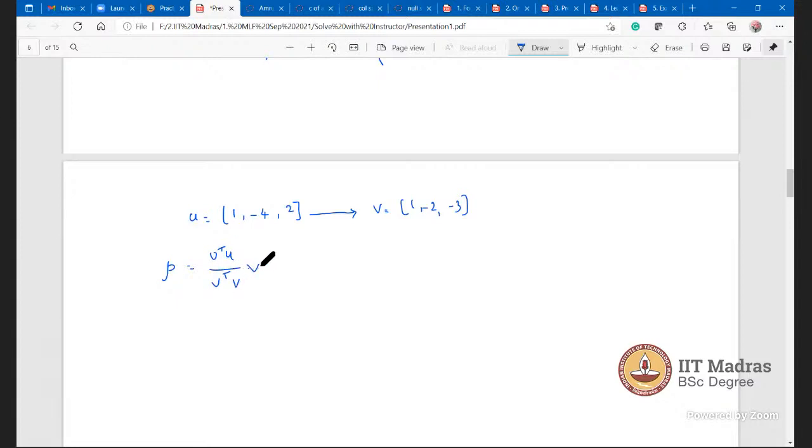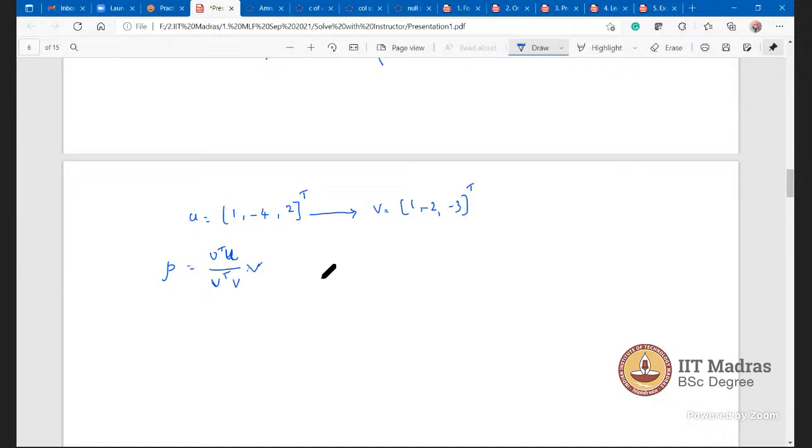See, actually in the question, we should have mentioned this is a transpose, because normally we make a vector to be a column vector. So then only we can substitute in this formula here. So when you find this v transpose into u, that is the dot product of this vector with this vector.